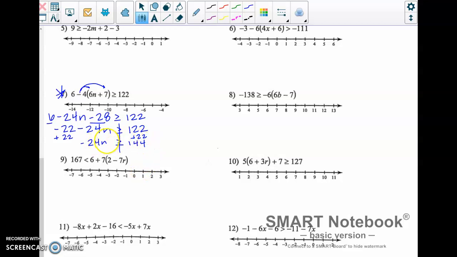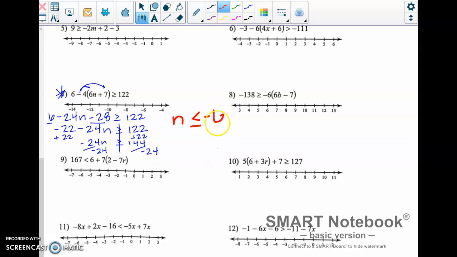To get n by itself, it's being multiplied by -24, so we do the inverse, which is divide by -24. Anytime I divide or multiply by a negative, my symbol is going to flip. So I flip that symbol to less than or equal to when I write the solution over here. On the left side, we're just left with n. I flipped the inequality symbol because I divided by a negative, and then 24 goes into 144.